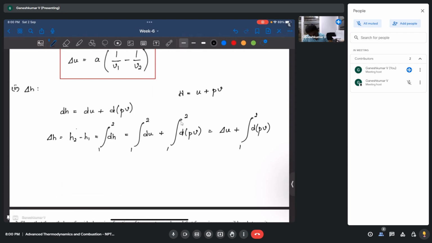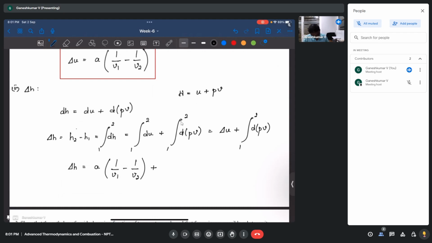I'm just using a shortcut to do it. You can even write dH equal to Cp dT, that full equation. So it is going to be delta U, which we already know, plus d(PV), right? So the change in PV, that's it.